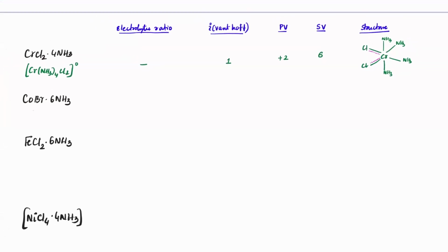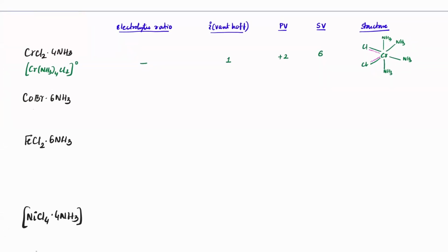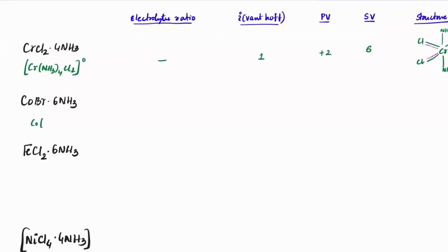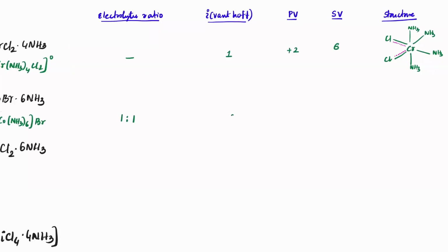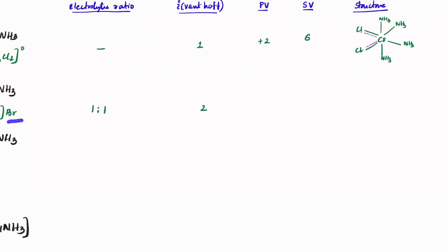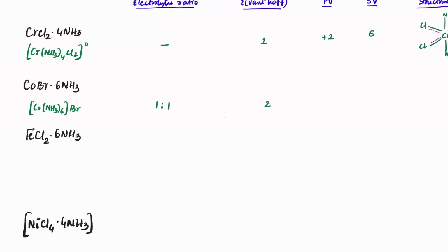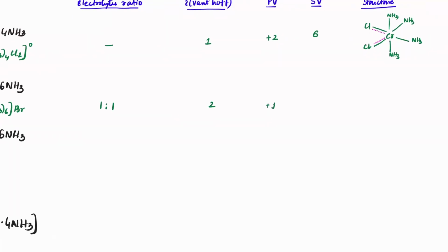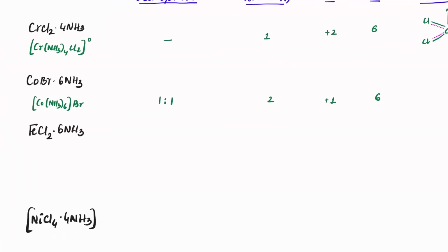Same thing. Notice the next question here. We have cobalt, we have NH3 6 times, then we have Br. The electrolytic ratio is 1 is to 1. Van 't Hoff factor is 2 because these ions will split into two parts. Primary valency here is +1. Secondary valency is 6.